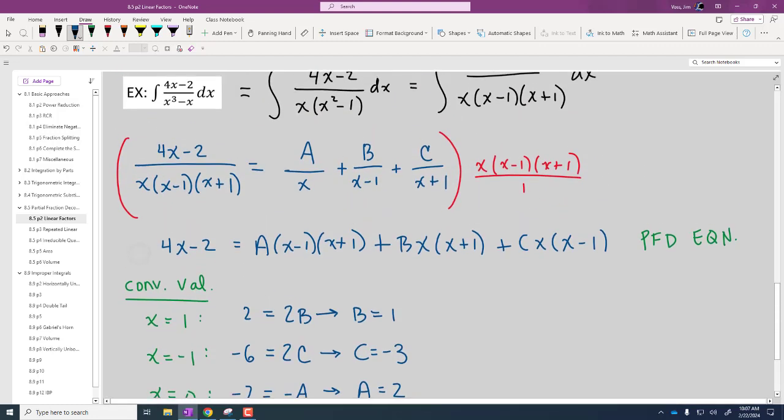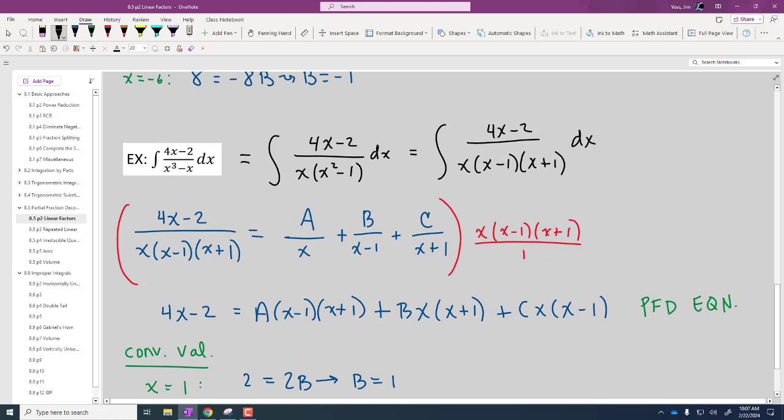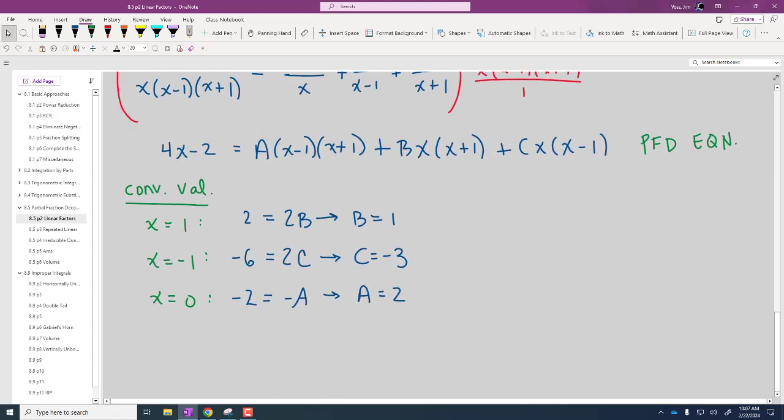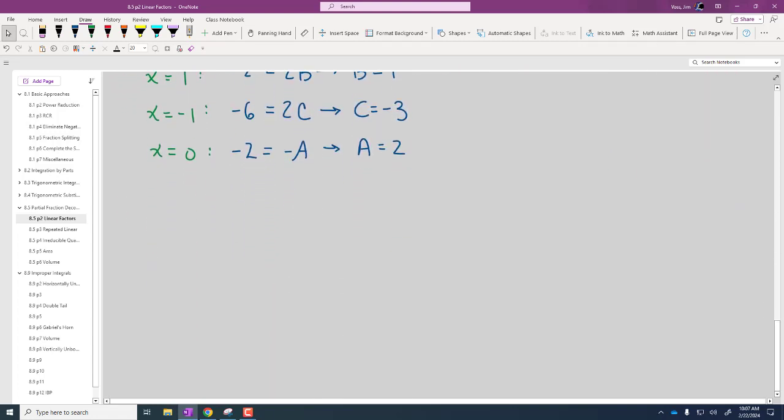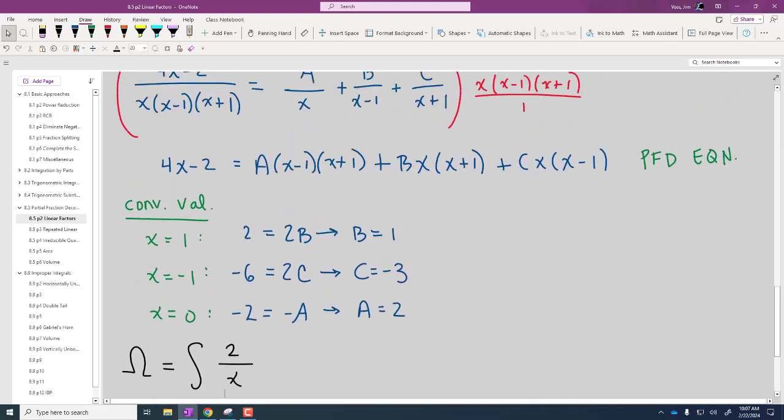Okay, so let's take our original integral. Bless you. We'll call it omega, or call it whatever you want, just so we can rewrite it in a convenient way. So we're going to have that the original integral, omega, is now equal to the integral of a is 2 over x, and the next one I think was x minus 1.